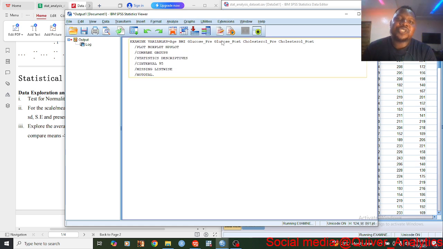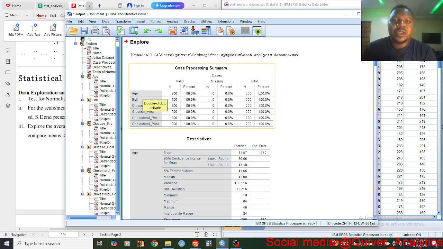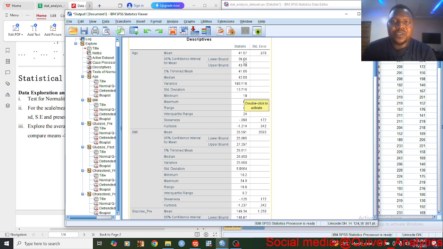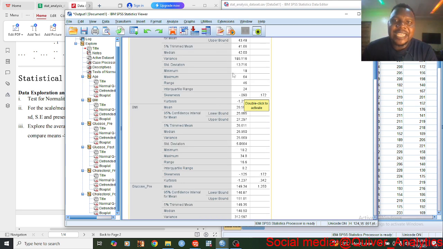Now SPSS brings out the output window, which gives me where the results are presented. For age we have a mean of 41.57, standard error of 0.970, 95% confidence interval, 5% trimmed mean, and so on. Minimum age is 18, maximum is 64.